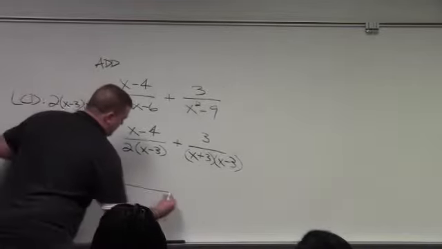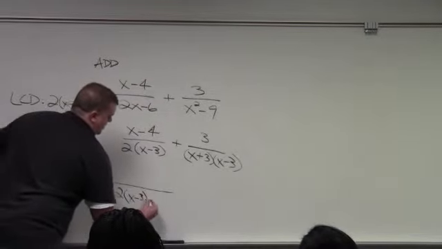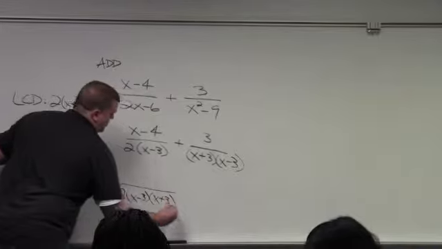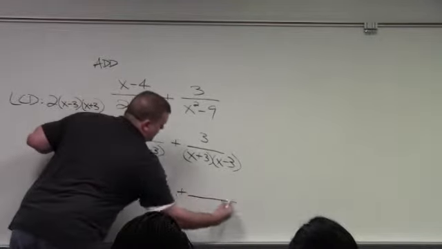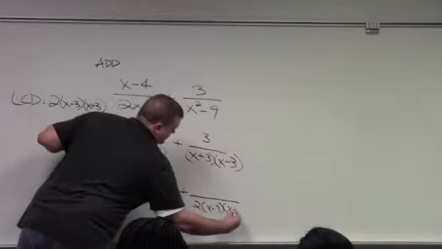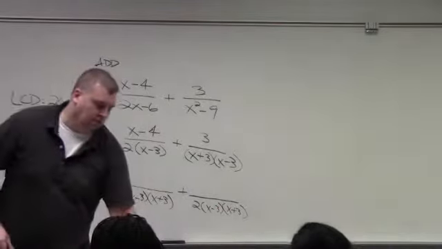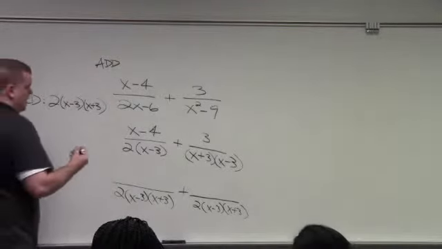So what I'm going to do is write two separate fractions that have a denominator of my LCD, because now it's real easy to compare what I'm missing.